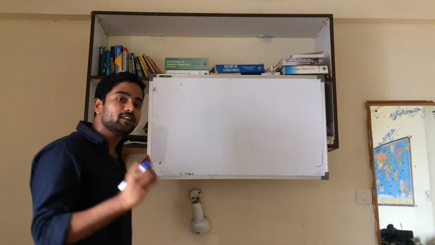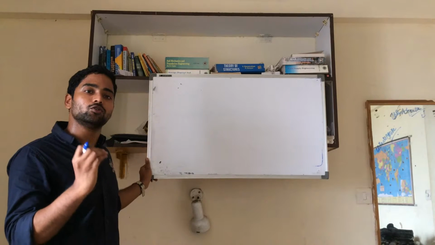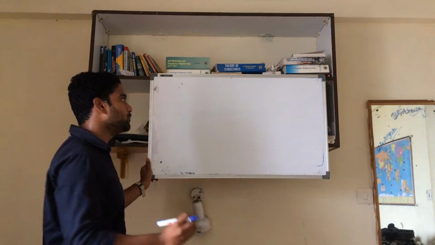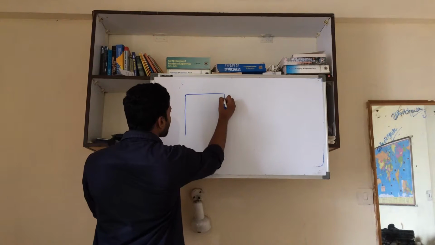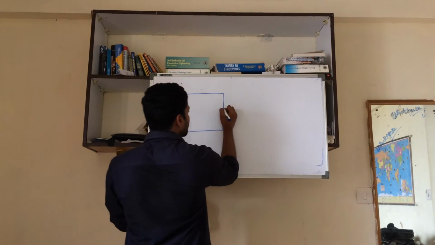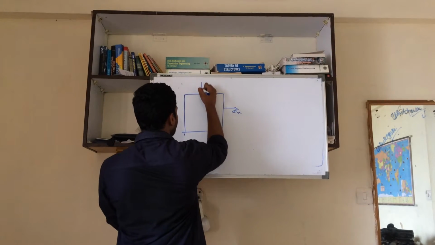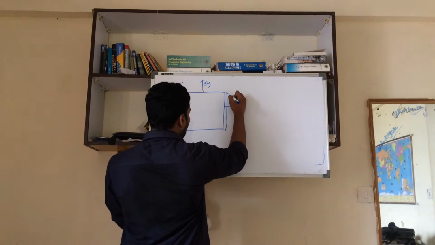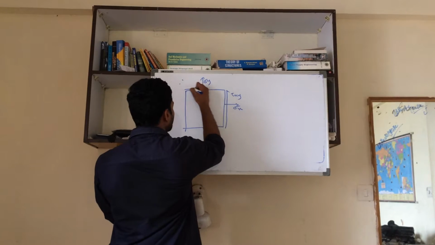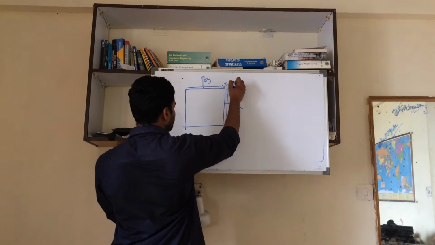And now for a given stress element, how are we going to draw the Mohr circle? Let us say they have given me sigma x, sigma y, tau xy, tau yx.